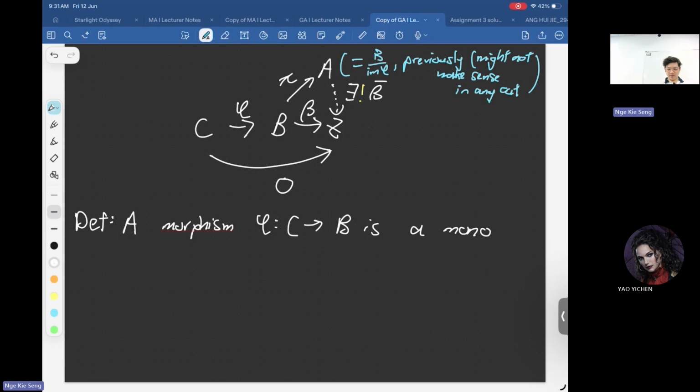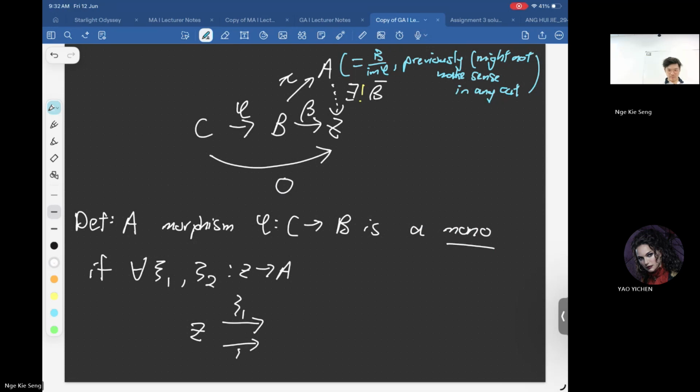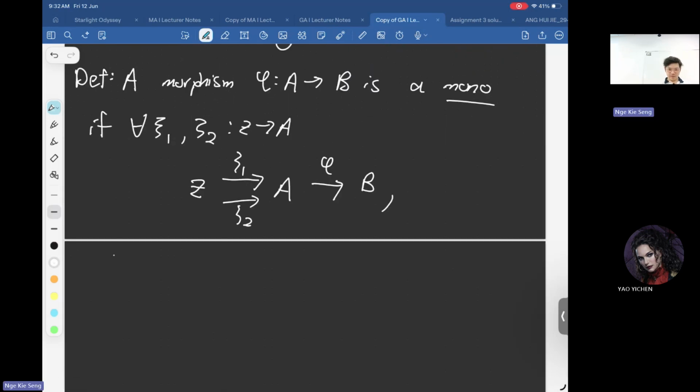So a morphism phi from A to B is a monomorphism if for every C1, C2 from Z to A, phi composed with C1 equals phi composed with C2 implies that C1 equals C2. Okay, I think this one we talked about before.